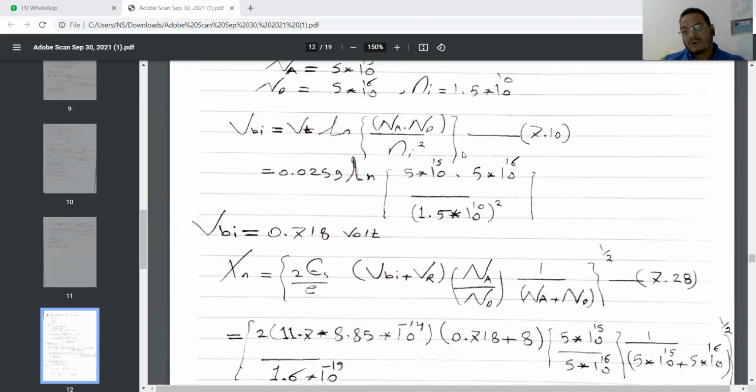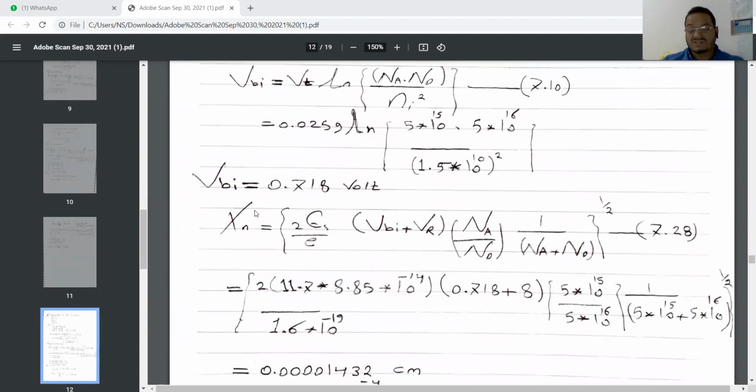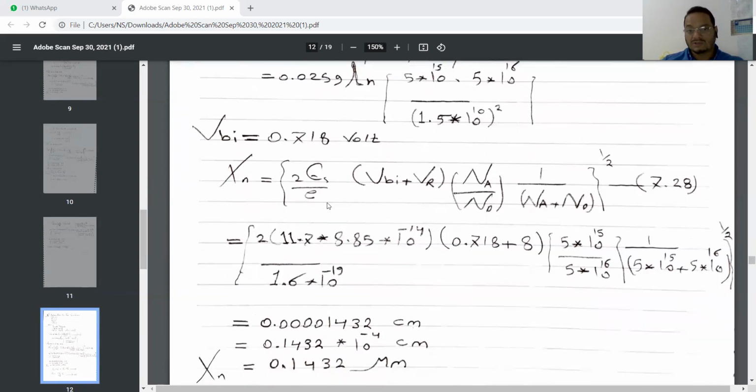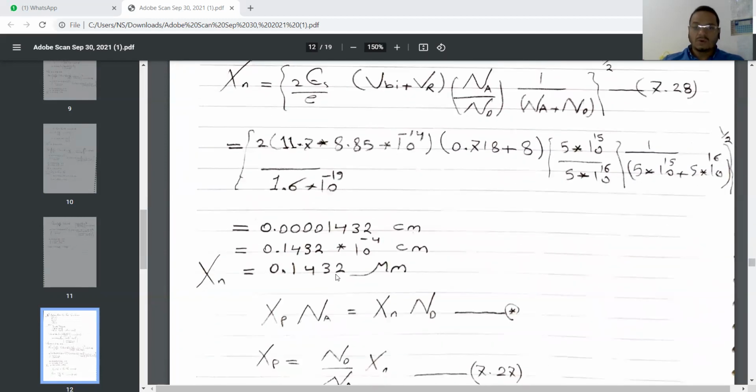Let's write 7.10. VBI equal VT ln Na times Nd divided by intrinsic carrier concentration squared. Let's keep going. The last result for VBI equal 0.718 volt.